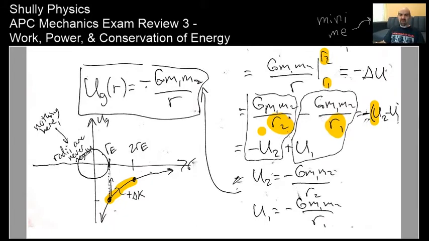So if we divide by a bigger number, we end up with a lesser value on the left and a greater value on the right. That means this number over here is a bigger value than this number, and our total change is going to be a negative change. You see, work is a negative change in potential.